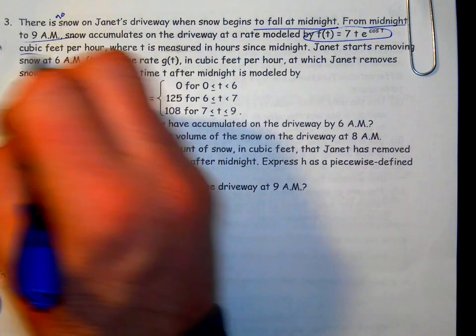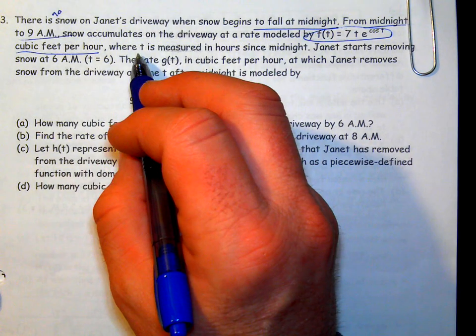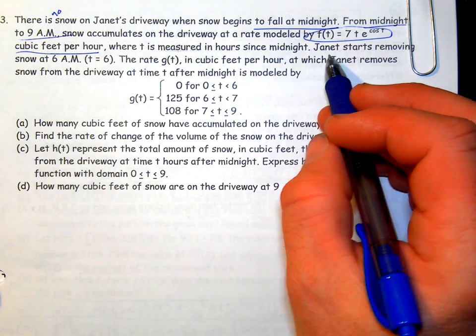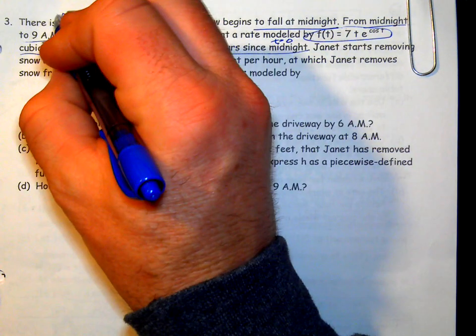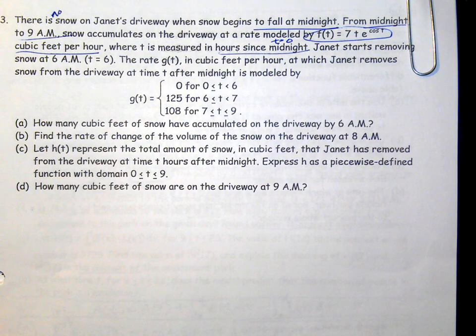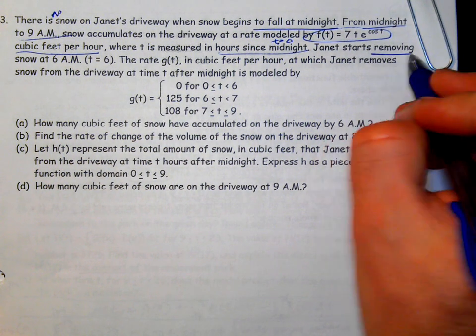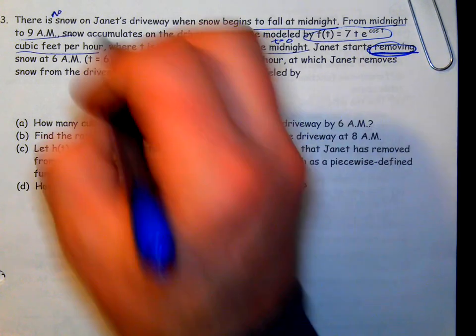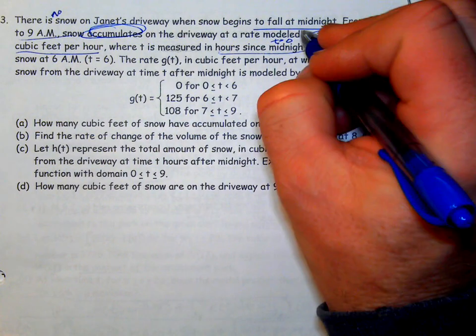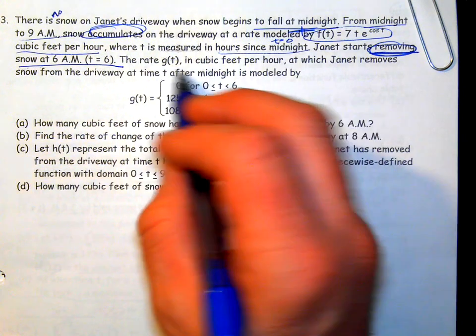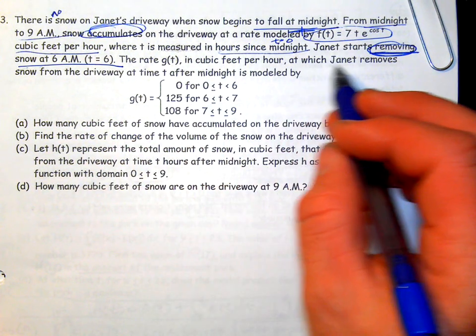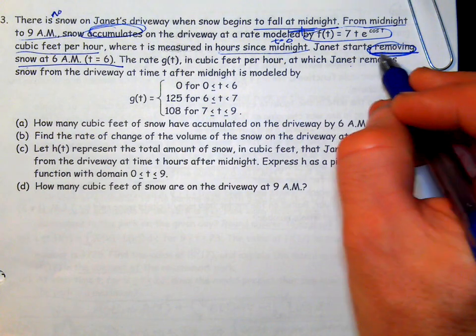Cubic feet per hour, those are units, volume of snow, where t is measured in hours since midnight. Midnight is time 0. And I think there's supposed to be no snow. Janet starts removing snow at 6 a.m. The rate g in cubic feet per hour at which Janet removes snow is this.